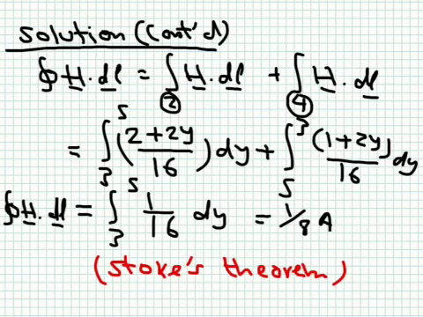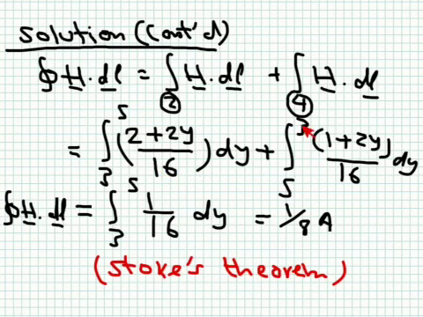So we carry out the 2 segments that are not zero, segment 2 and segment 4. Here I integrated from 3 to 5, I replaced every x by 2. And here I integrated from 5 to 3, I replaced every x by 1. And remember, I am integrating here Hy, and this is Hy and this is Hy.